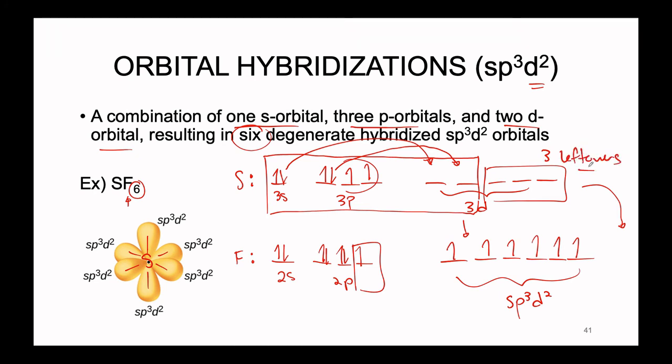leftovers. All right, but each of these 6 hybridized sp3d2 electrons can partner up with one of the fluorines' unpaired electrons, allowing for 6 fluorines to come in and bond with our central sulfur via 6 different sigma bonds.